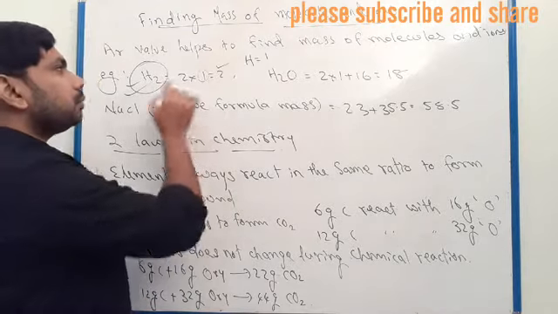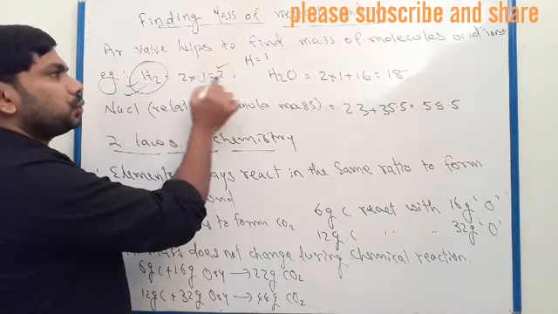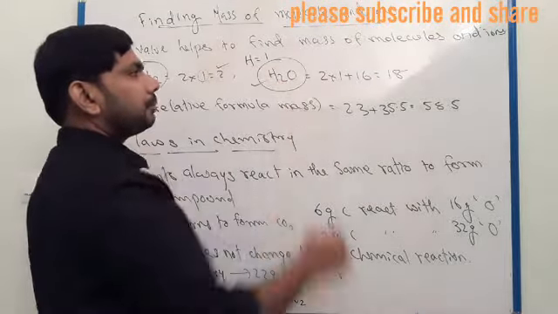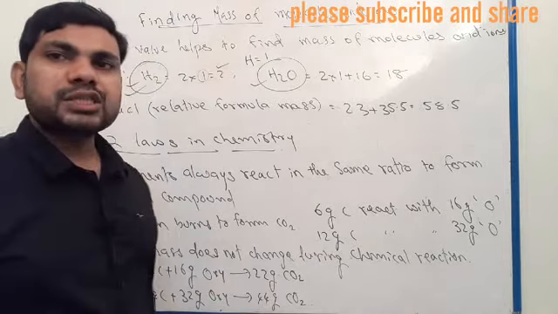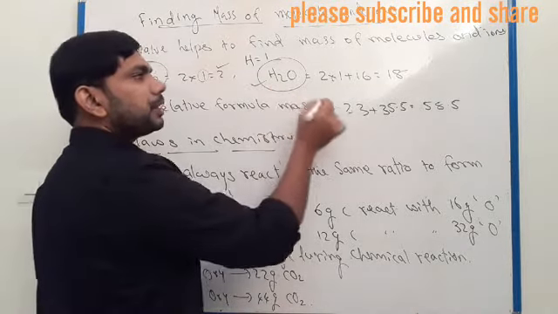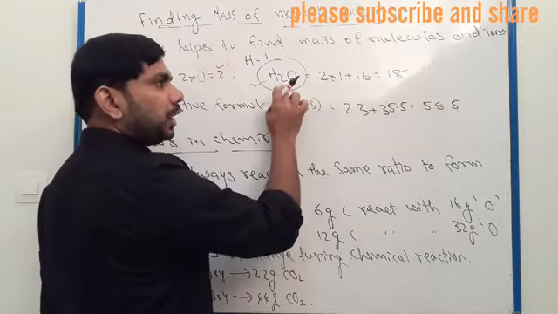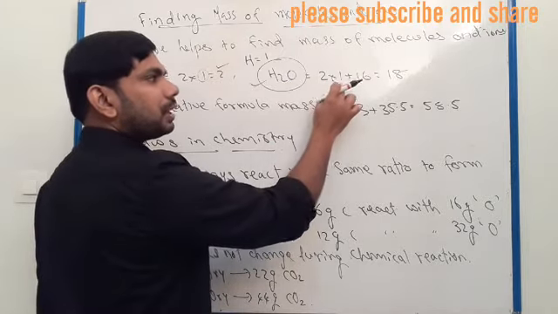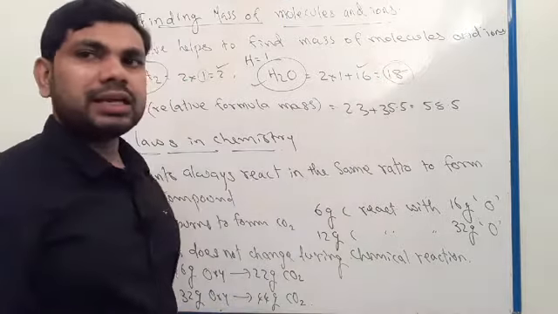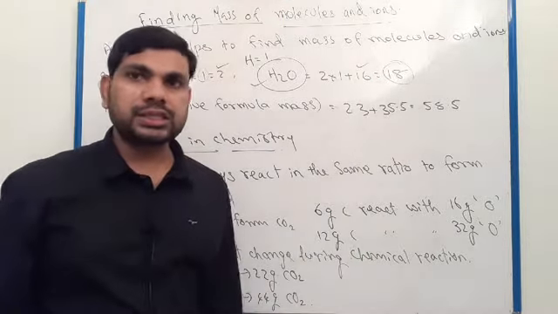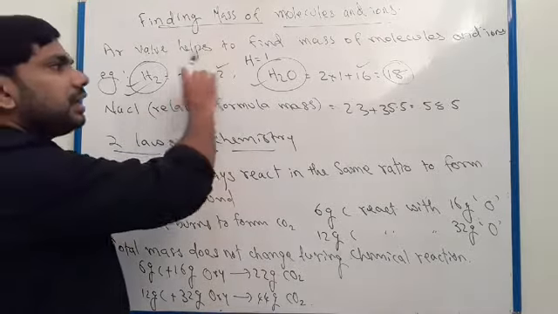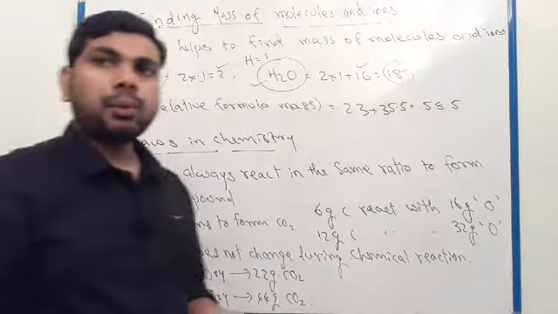So you can say the molecular mass of H2 is 2. Similarly, H2O, the water molecule. Relative atomic mass of oxygen is 16 and of hydrogen is 1. Here 2 hydrogens, 2 times 1, plus 16, is 18. Here 16 is the relative atomic mass of oxygen. Clear? So these are relative molecular masses.